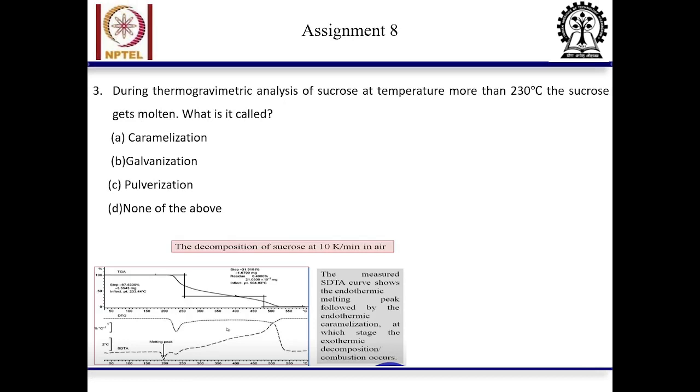Okay, so this is the decomposition of sucrose at 10 Kelvin per minute in air. What is happening in this TGA? Initially it is a flat line, meaning up to 230 degrees there is no decomposition.